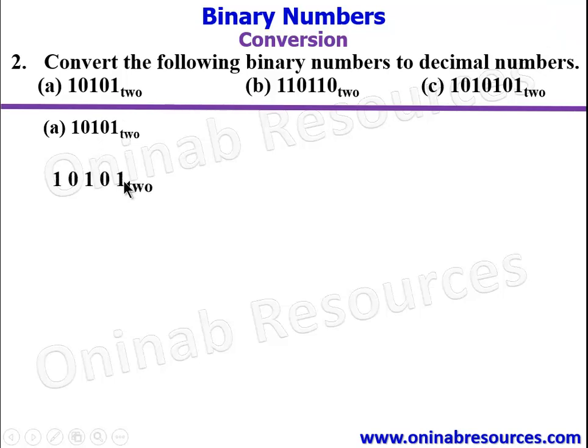So to do that, we are going to number the digits of these numbers, starting from the last digit, and we start the numbering from 0, 1, 2, 3, 4.